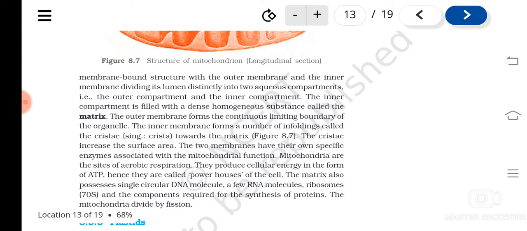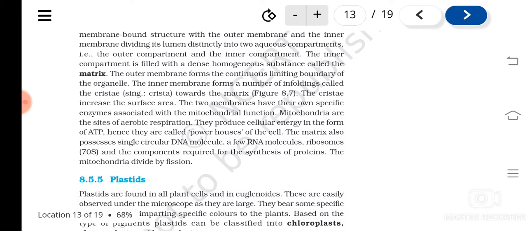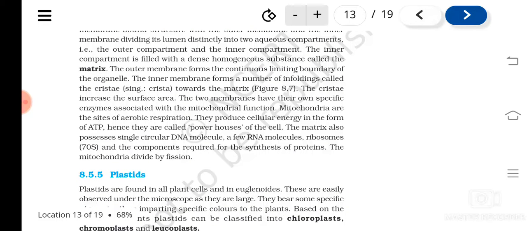If it is aerobic respiration, we have studied, in the cytoplasm, after glycolysis, pyruvic acid will form, and pyruvic acid enters into the mitochondria. So in mitochondria, what will happen? The production of ATP. ATPs are known as what? The energy currency, isn't it? So these are produced inside the mitochondria.